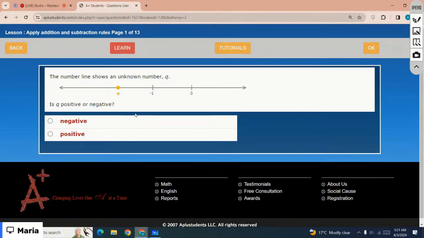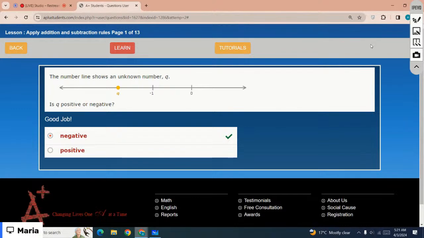Q is on the left hand side of the 0, right? That means q must be negative. Option number 1 is the correct option.